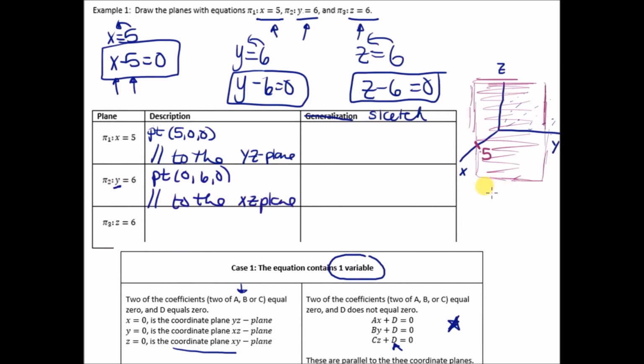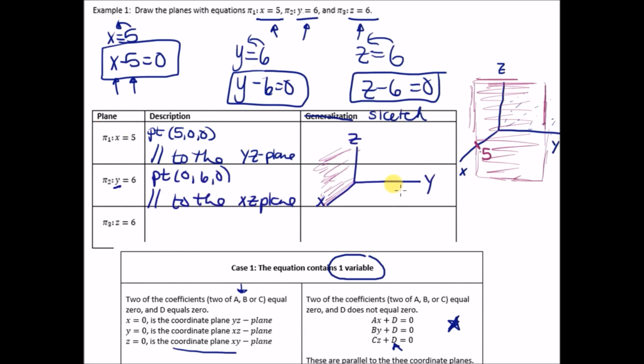So if we sketch this on the side, and I'm going to sketch this pretty big in here, x, y, and z. If we think about what the xz plane looks like, x and z is right here, so x and z is this plane right here.